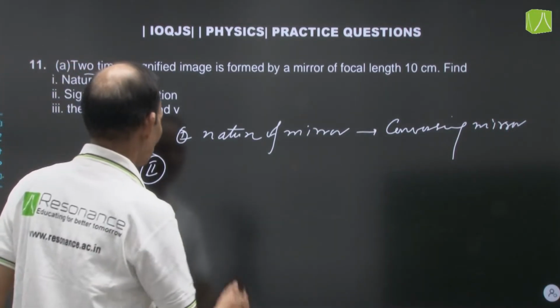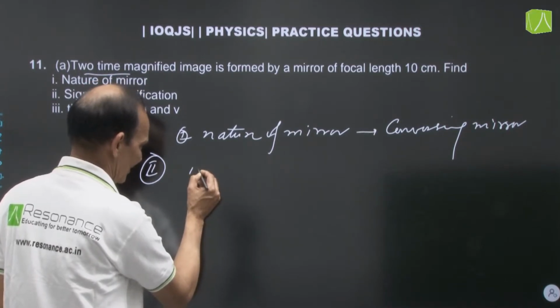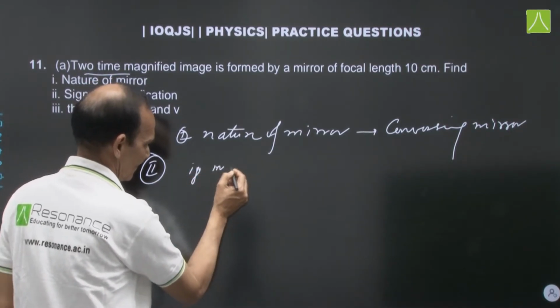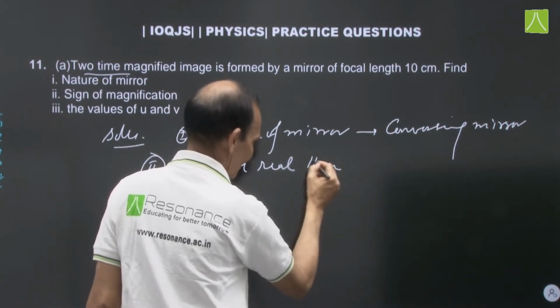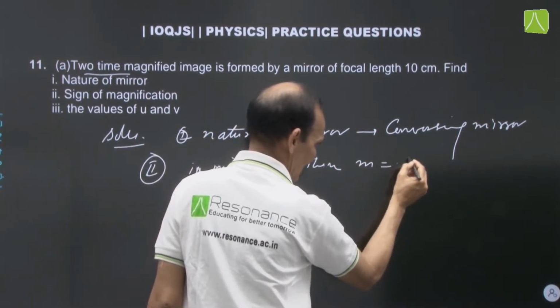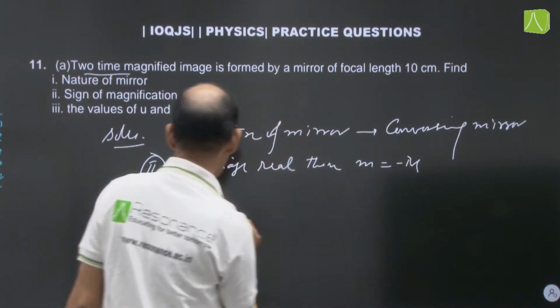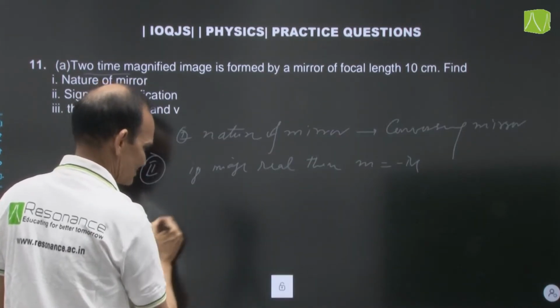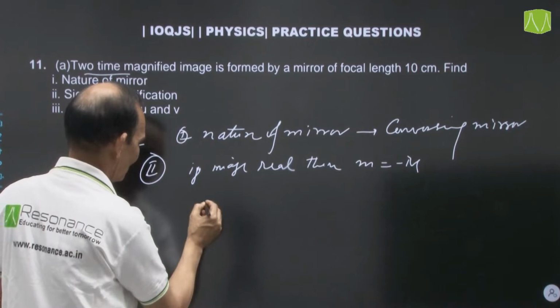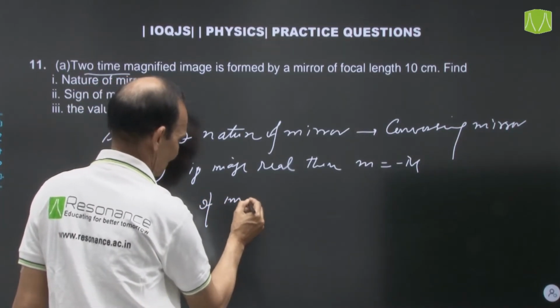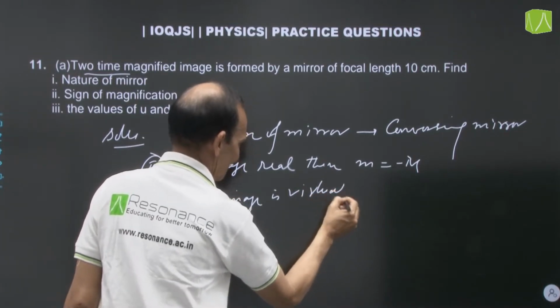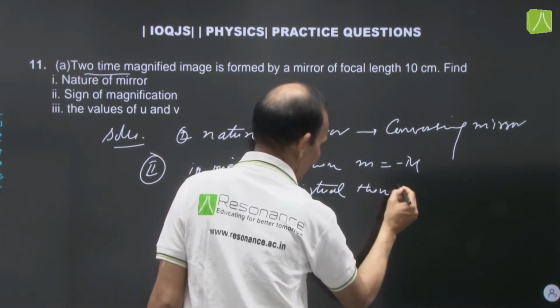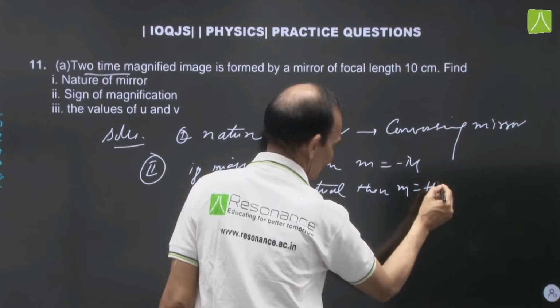So you have to write: number 1, if the image is real then M will be negative. If the image is virtual, then M will be positive.